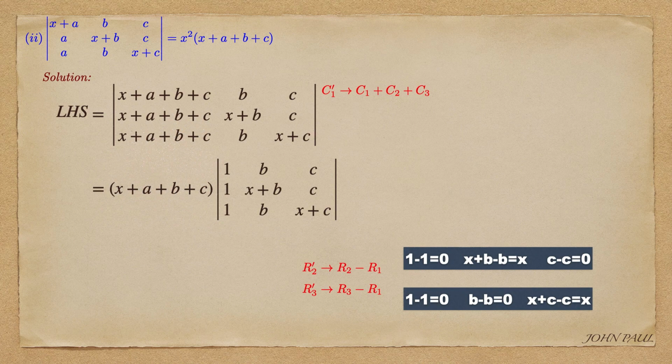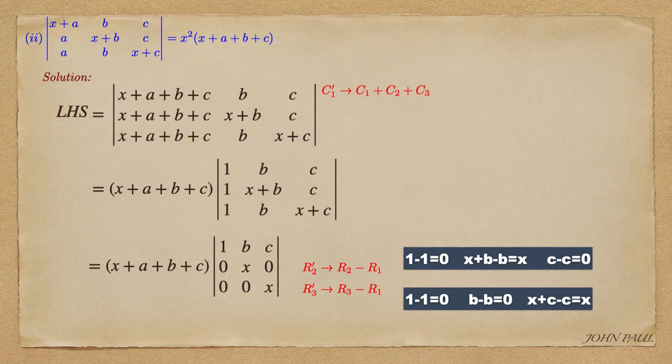We will do the row operations, that is row 2 minus row 1 and row 3 minus row 1. This simplification is shown here. You can see it: 1 minus 1 is 0, x plus b minus b equals x, c minus c equals 0. We will enter that in the determinant.